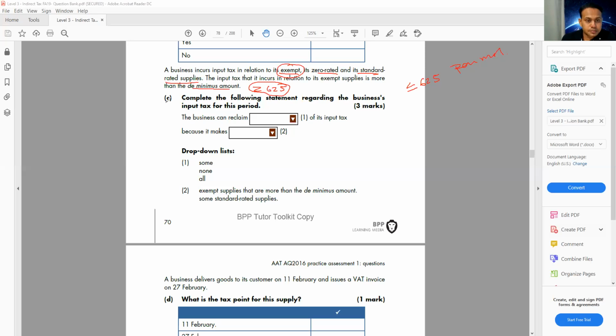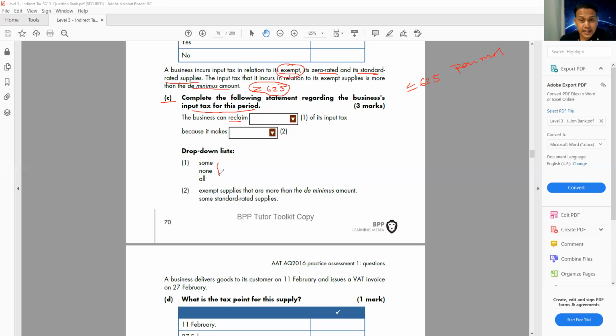Okay, let's have a look. Complete the following statement. What is the requirement? Complete the following statement regarding the business input tax for the period. The business can reclaim, you can choose one: some, none, or all.